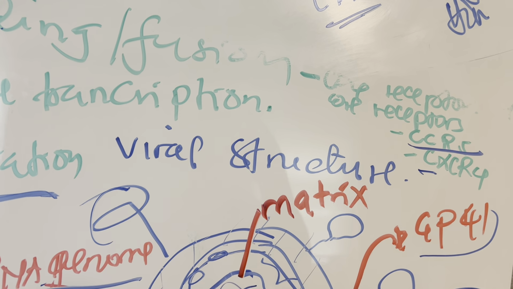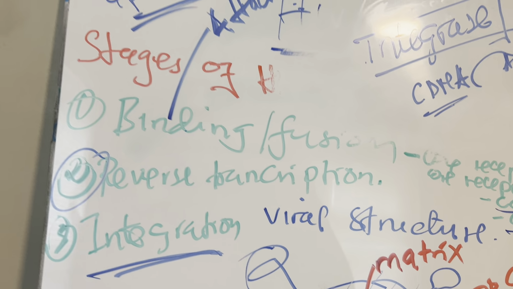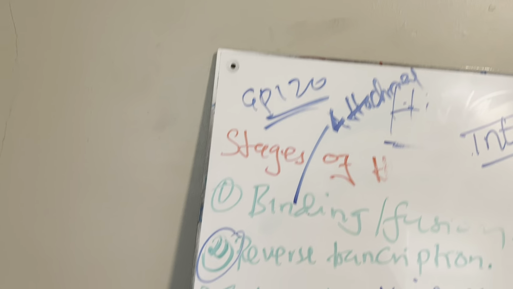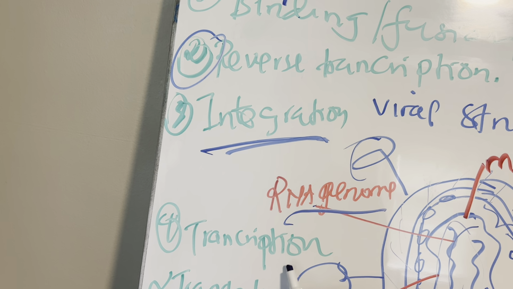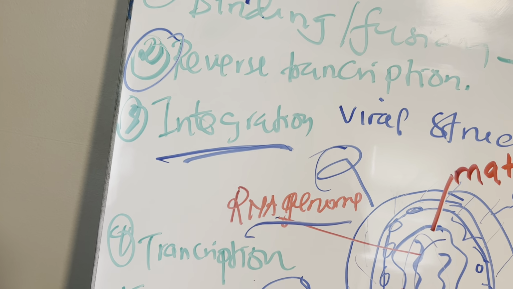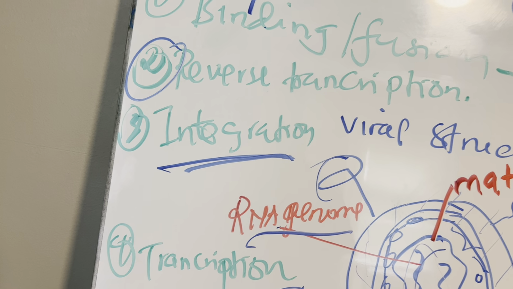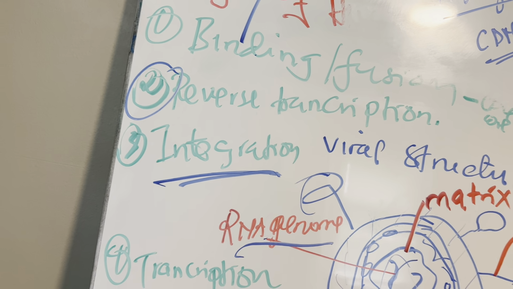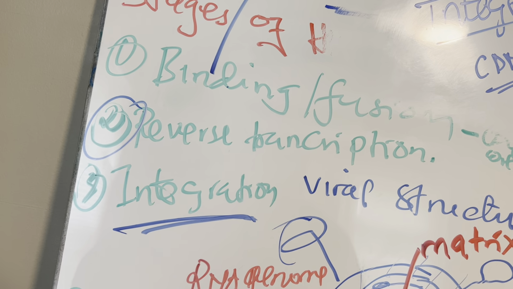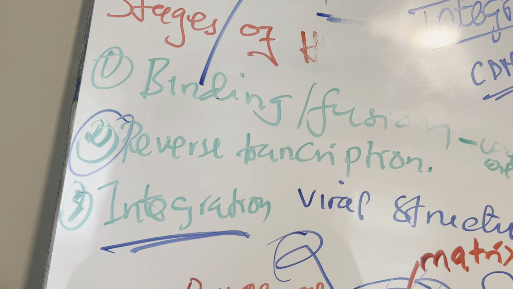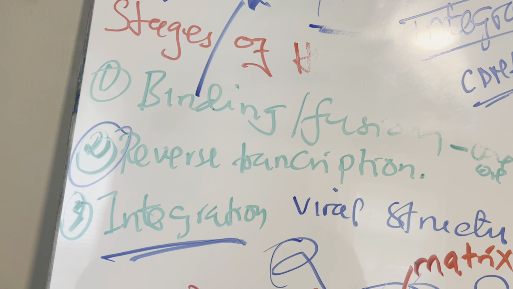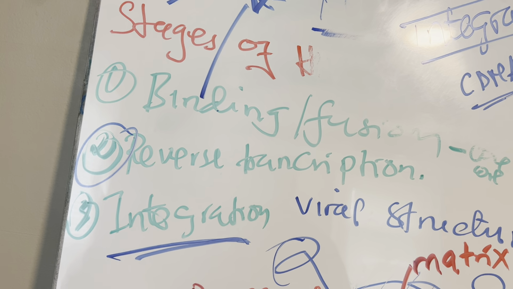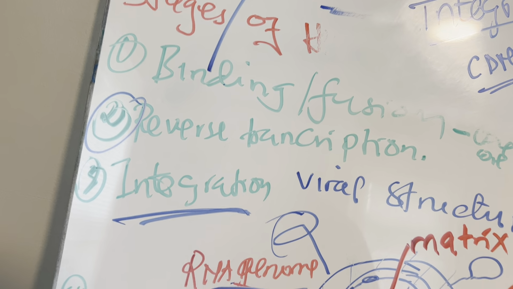Next is transcription and translation. The integrated viral DNA is transcribed into RNA by the host cell's machinery. Some of this RNA serves as the genome for the new viral particles, while other RNA is translated into viral proteins.